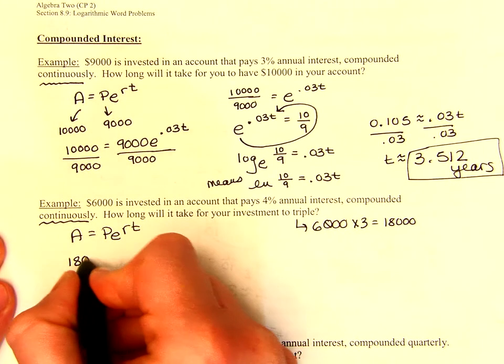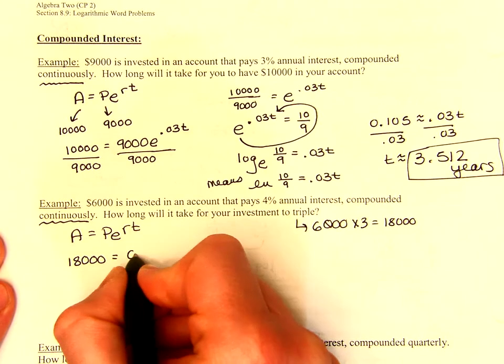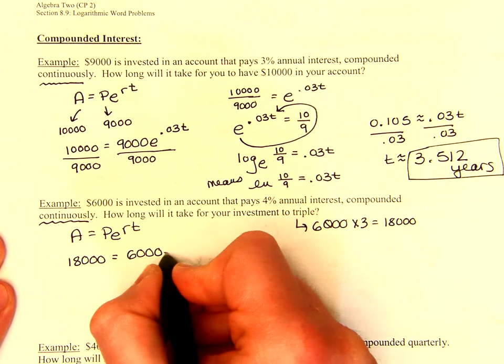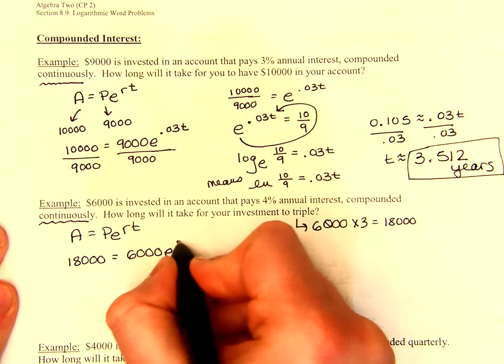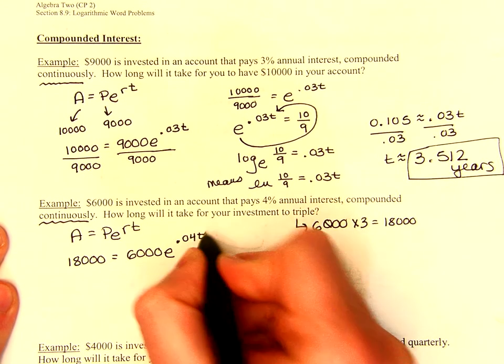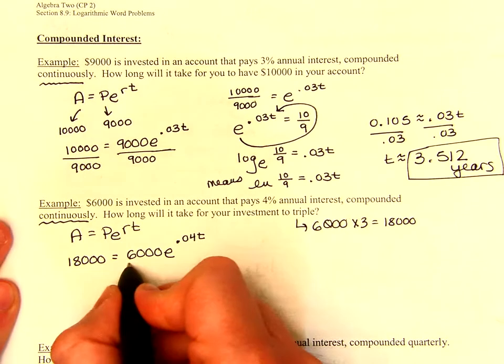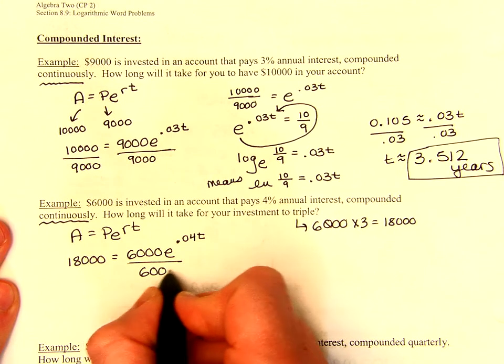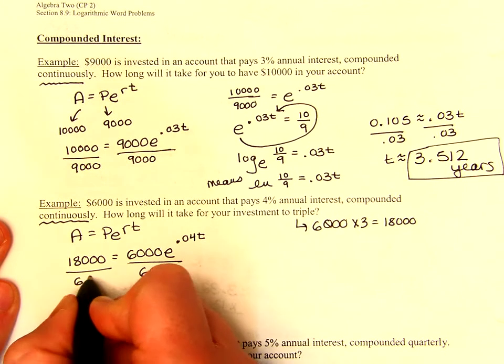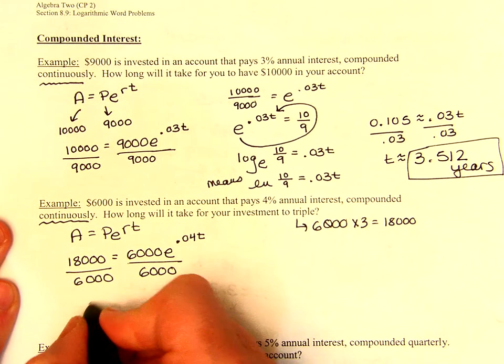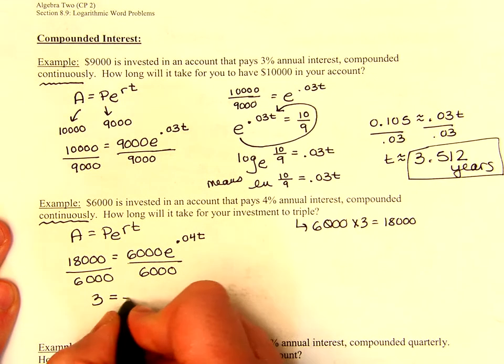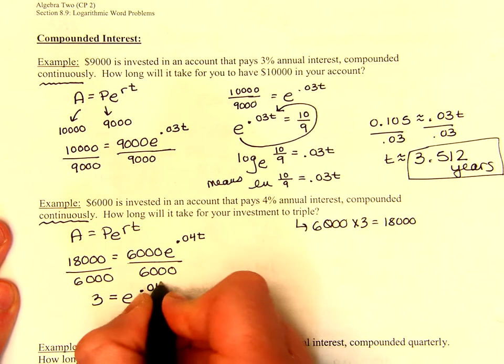That's my final amount, 18,000. My starting amount is 6,000. E raised to the 0.04 times t. Divide both sides by 6,000. And you're going to get 3 equals e to the 0.04t.